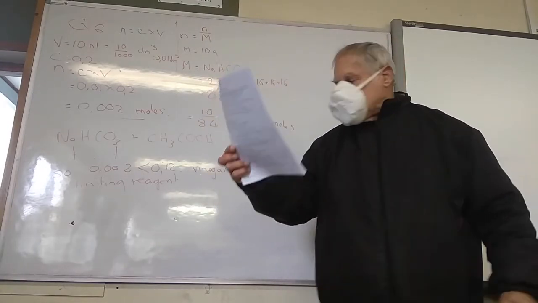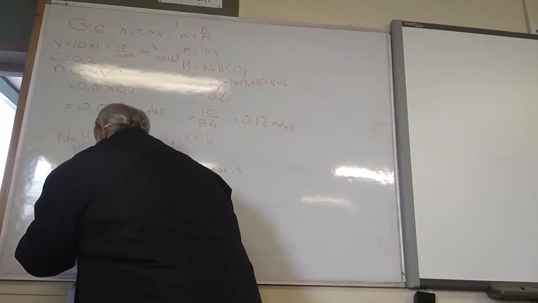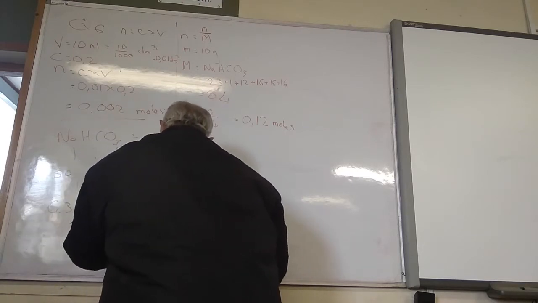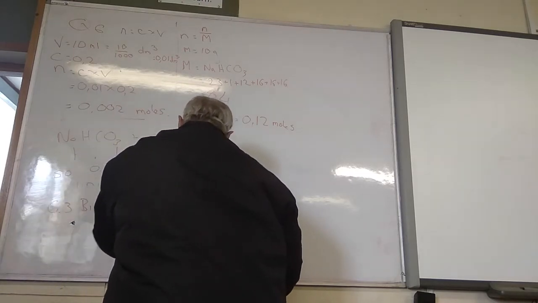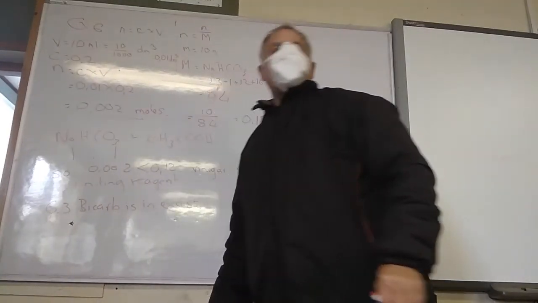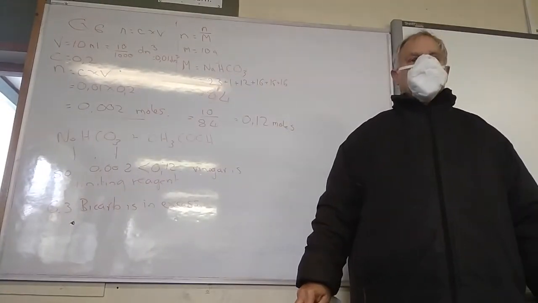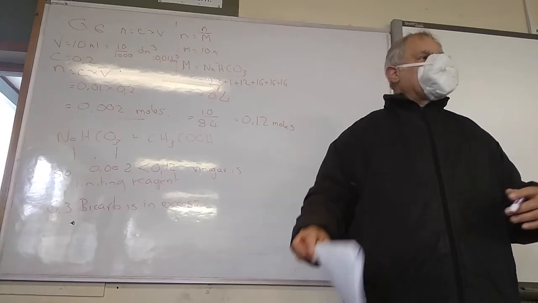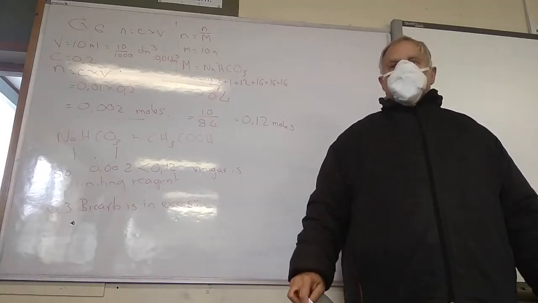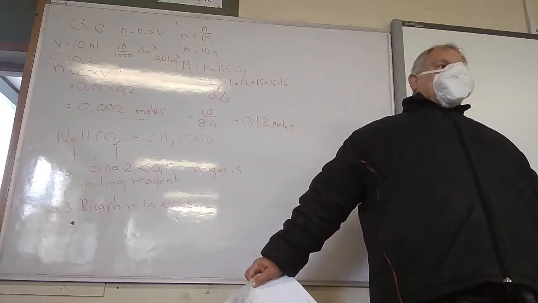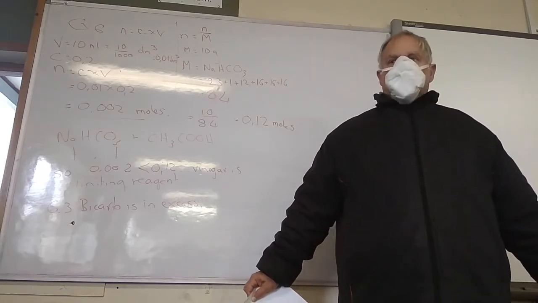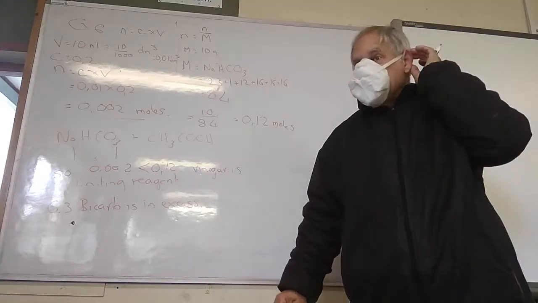Okay, so bicarb is in excess. Why? Because there is more of it than there is of vinegar. So how will we work out how much was in excess?